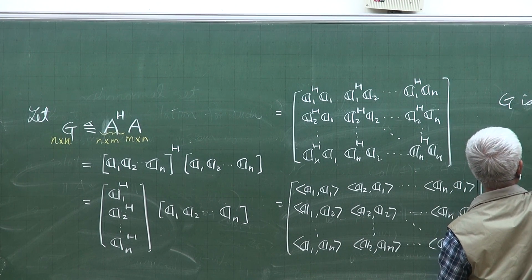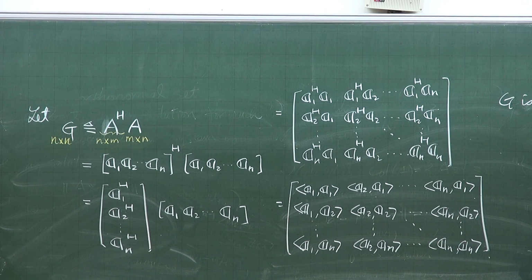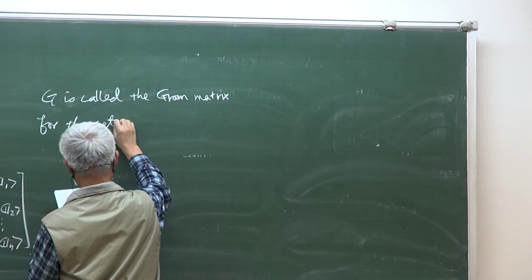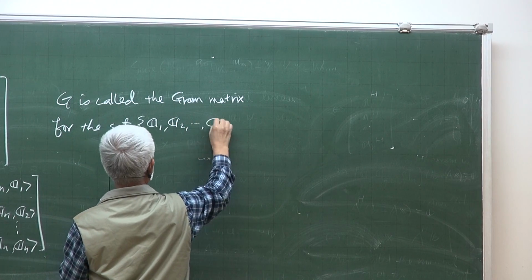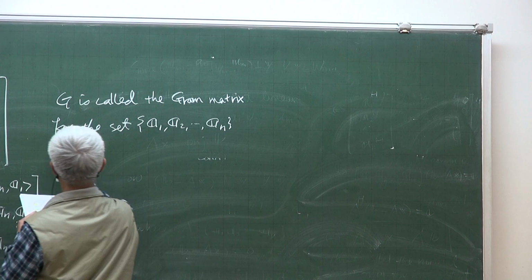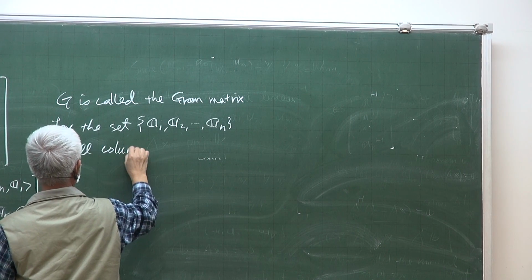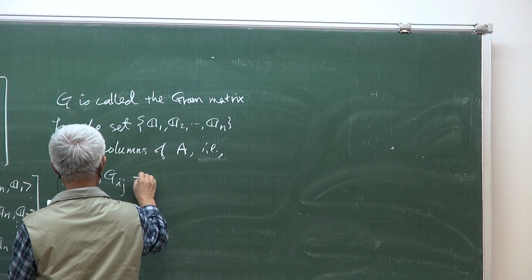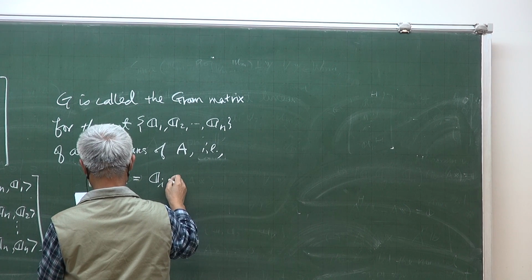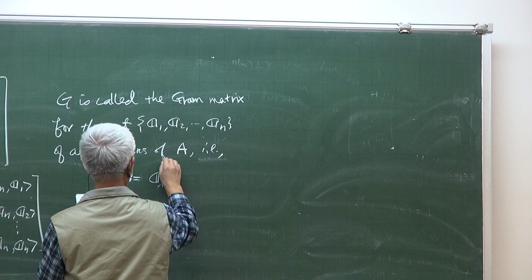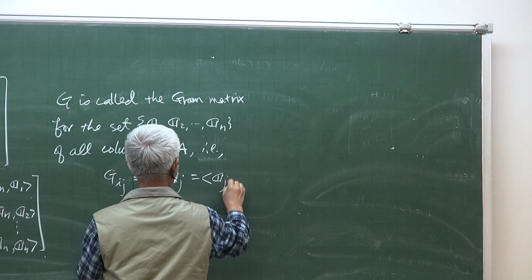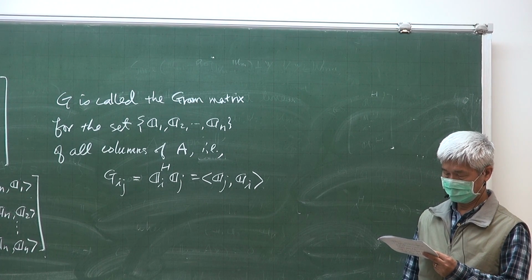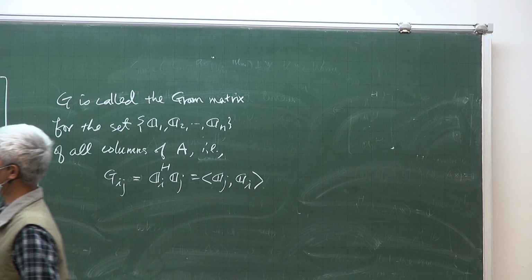This is called the Gram matrix for the set A1, A2, up to An of all columns of A. The Gij is actually Ai^H Aj, that is the inner product of Aj and Ai.